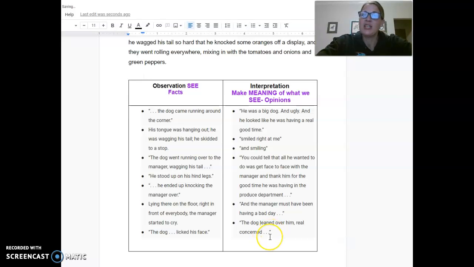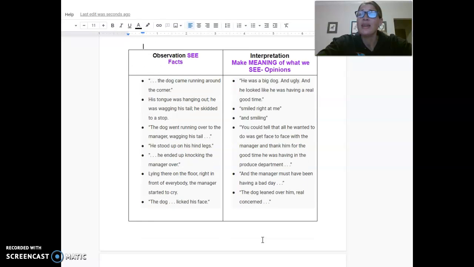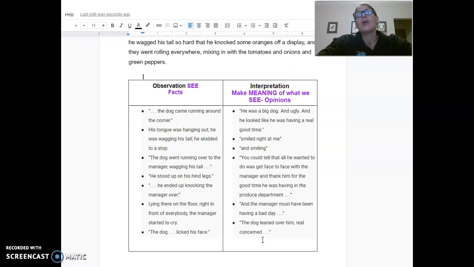And the interpretation Opal had of that was he leaned over him really concerned. Okay, he's concerned. So the idea of observations and interpretations help us to understand the speaker's, the narrator's point of view and how they see things.